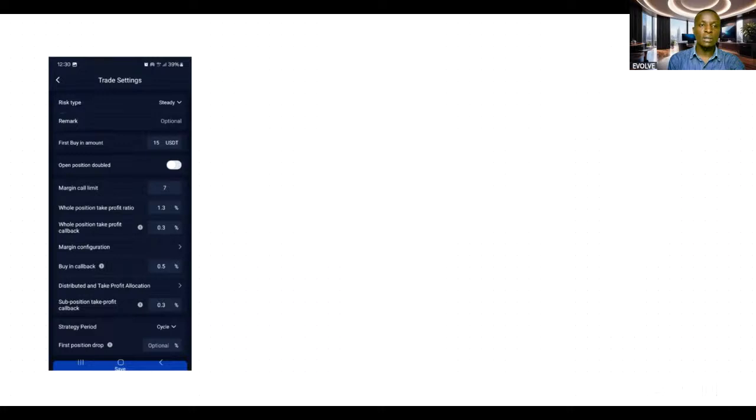So we have risk type. The first word on top there is risk type. The better you get at, first of all, understanding these features, the more you are going to become good at putting them to use.